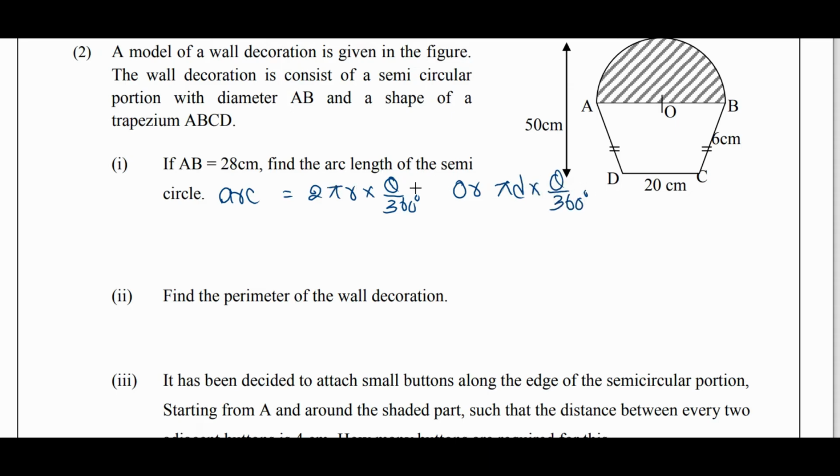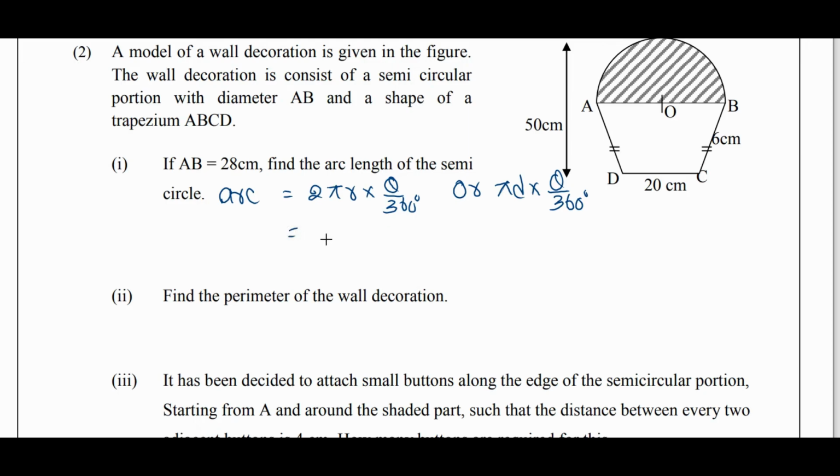No matter whether you are trying 2 pi r or pi d, because we are given here AB is a diameter, not a radius, it's okay to use the pi d equation, or it doesn't matter. If you are familiar with the 2 pi r equation, you can use this one.